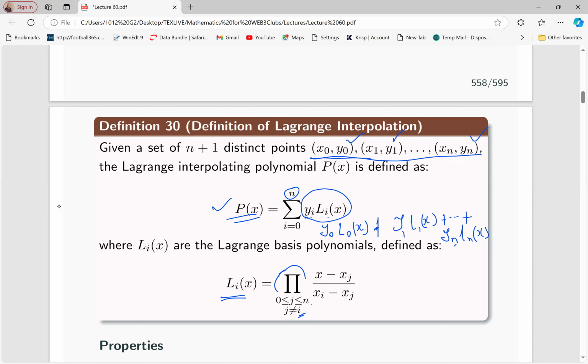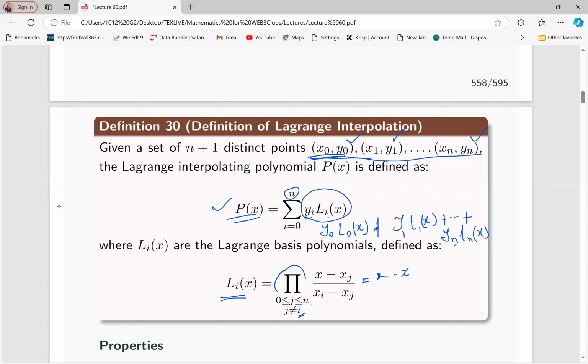So what this means, this formula is the same as x minus... it depends on which point you are considering.